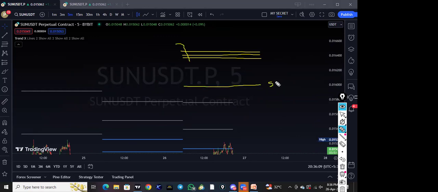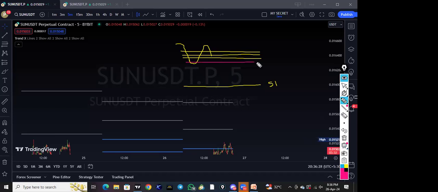If the market comes here and starts moving up, and once again comes down, this will be the daily support or demand. Recently I was seeing in Subware, it was coming from here and it started going up.